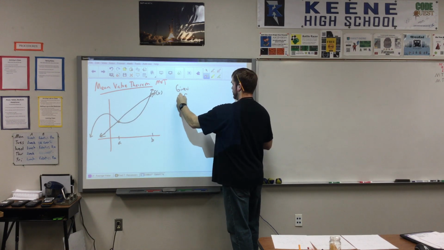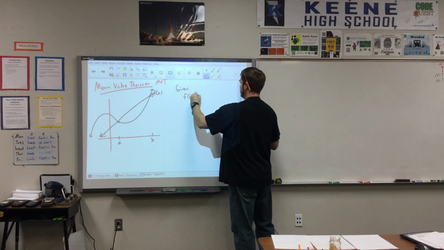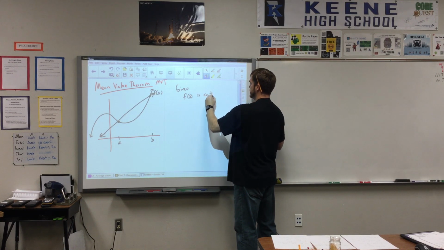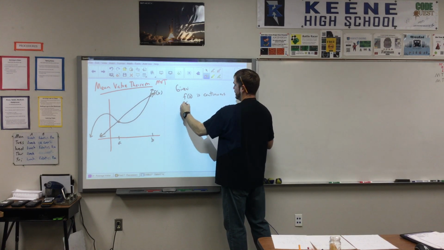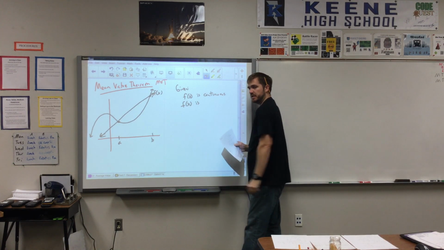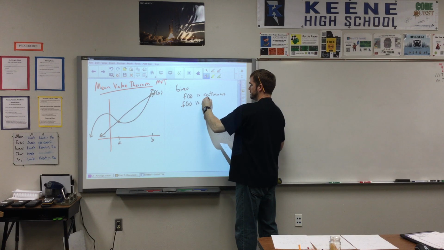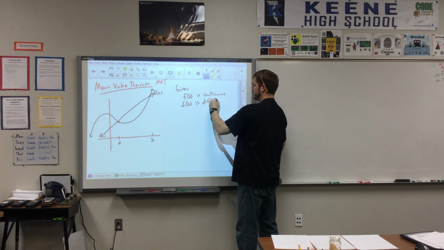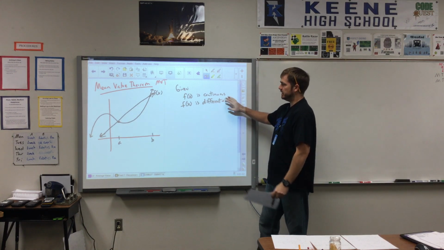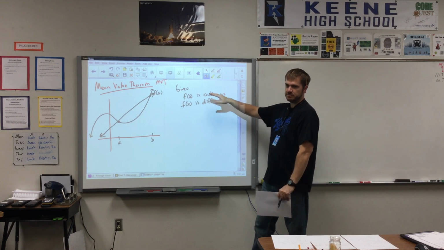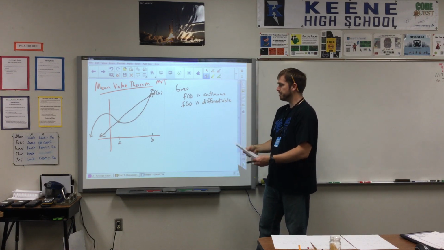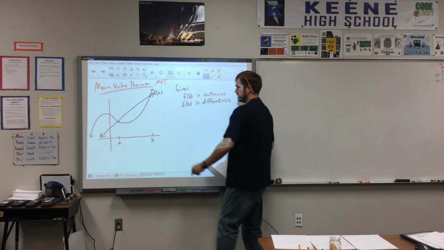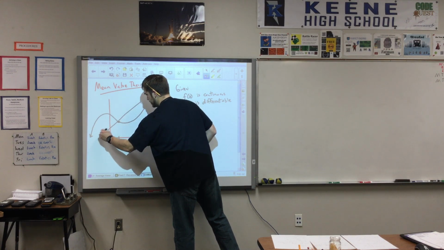So given that f of x is continuous, and given that f of x is differentiable, which actually that's a little bit redundant. I could have just said if it's differentiable, because if it's differentiable, then we know that it's continuous. But anyway. And this right here is the secant line.